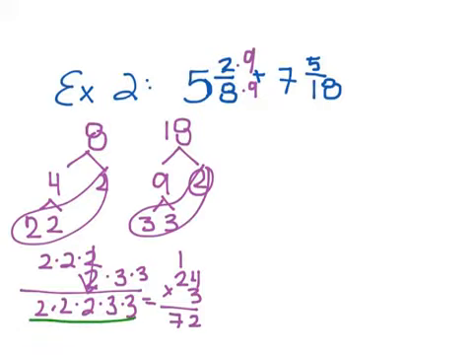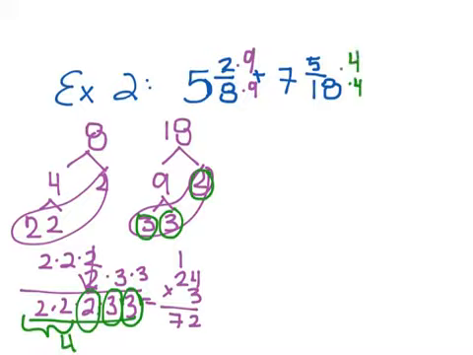Okay, the 18 is these numbers, a 3 times a 3 times a 2. If I circle them, the only part that I'm missing is this part. This part's going to tell me what number to multiply 18 by to get the 72. I need to multiply by 4. So I multiply by 4, and I'm going to be able to get that answer.